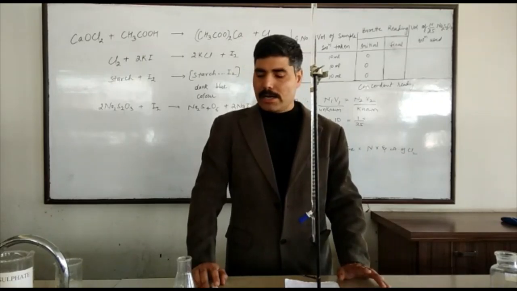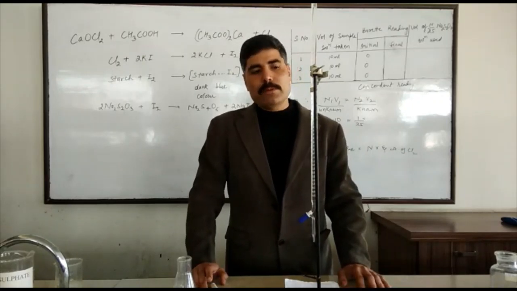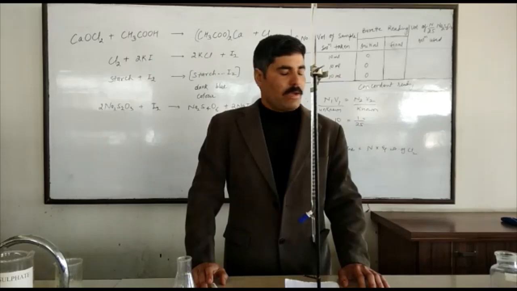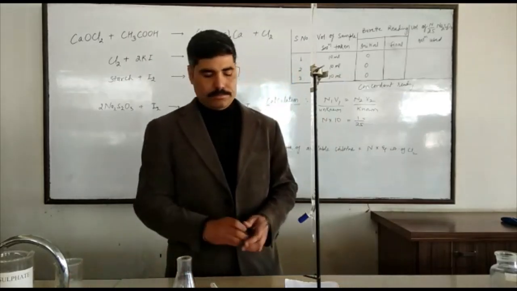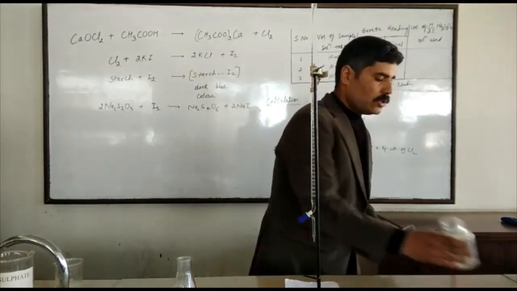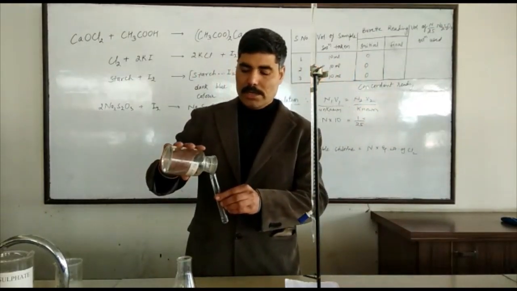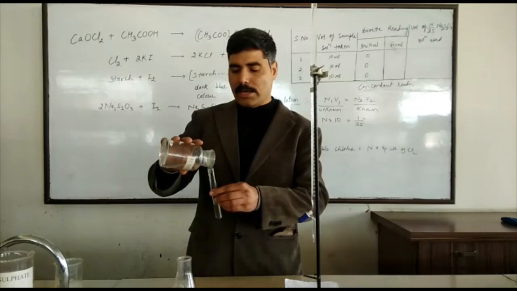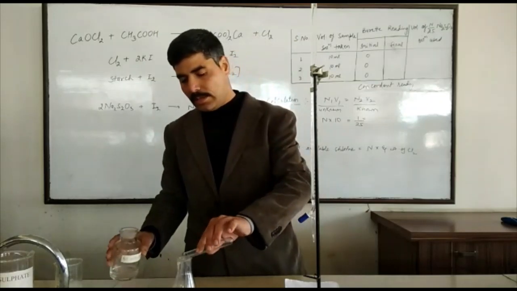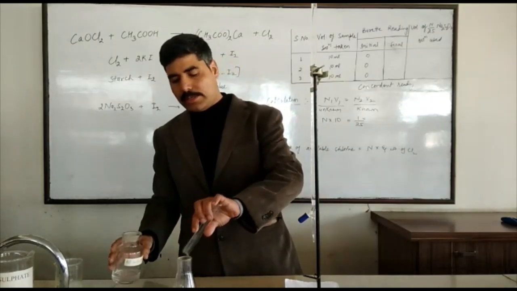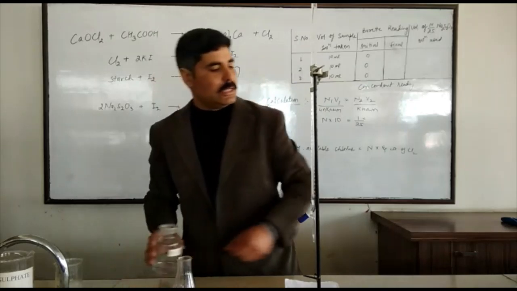Before we start to titrate the given sample solution, we have to add 2 ml of acetic acid and 2 ml of KI, because this is basically an iodometric titration.